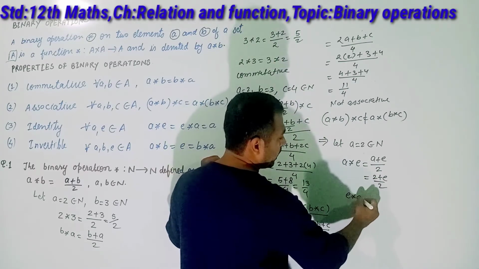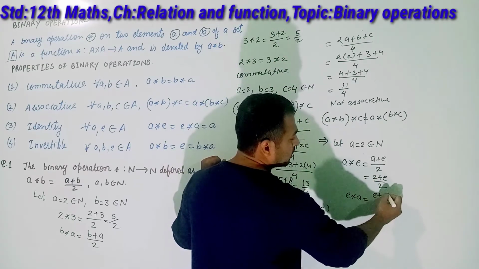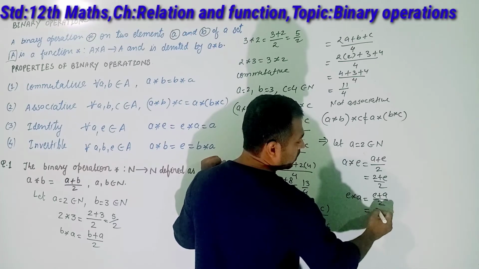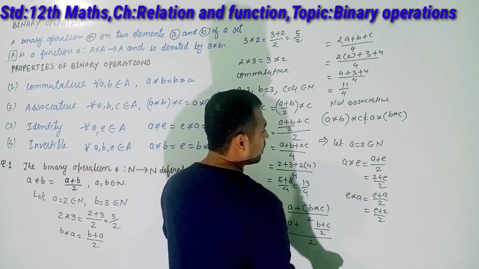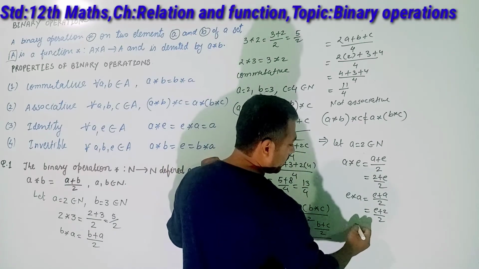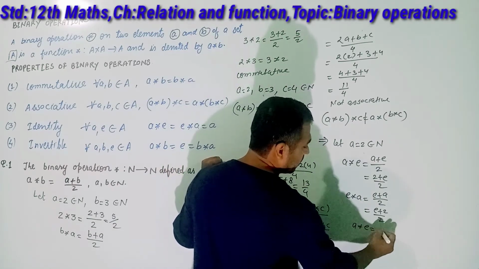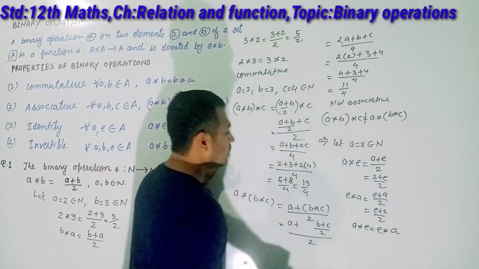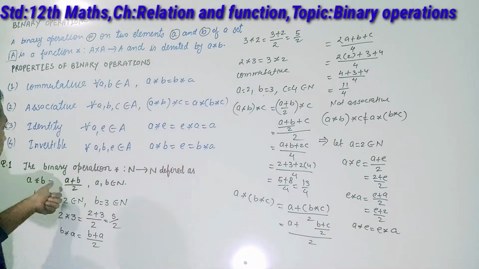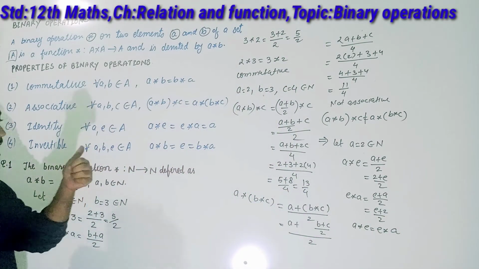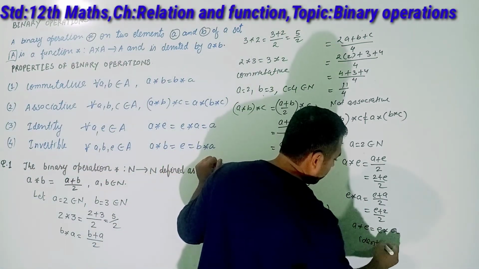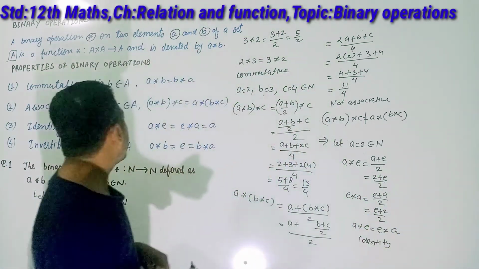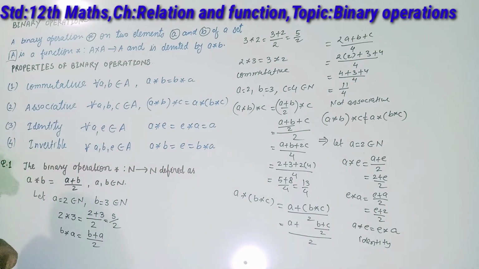Similarly e star a is (e plus a) by 2, so (e plus 2) by 2. So students, all are equal. So here we can write a star e is equal to e star a. So this operation has an identity.